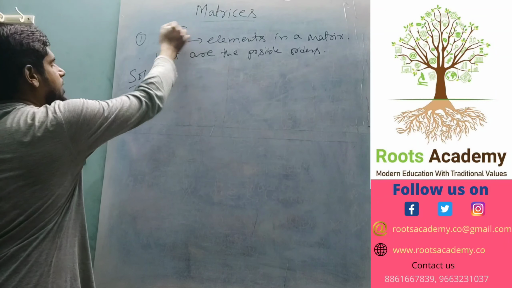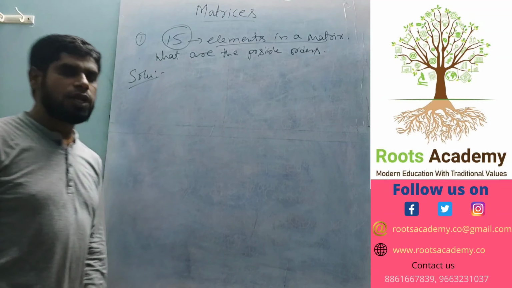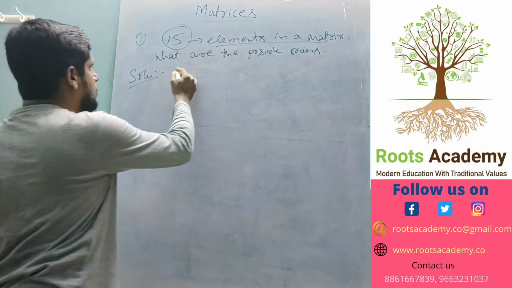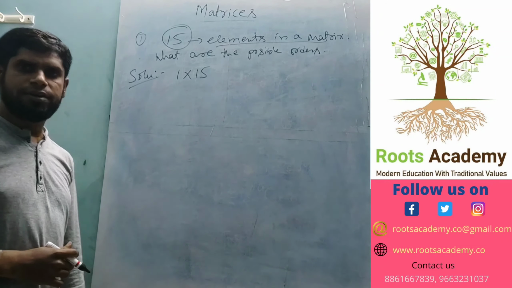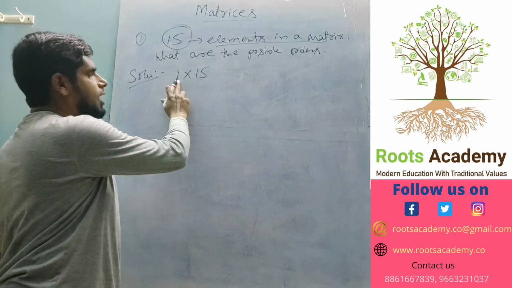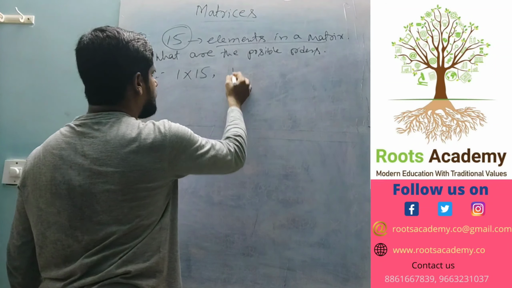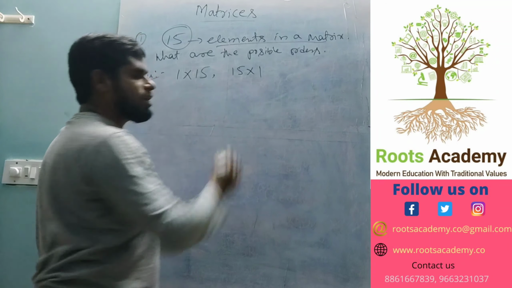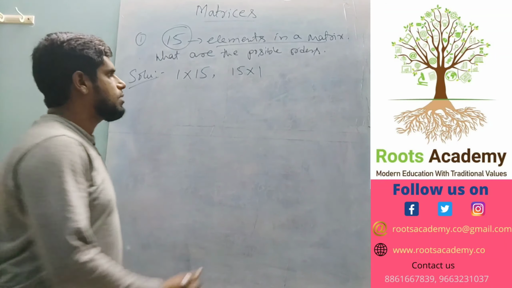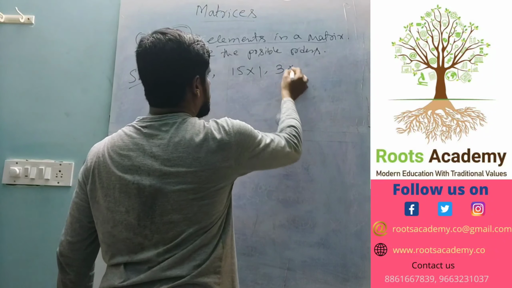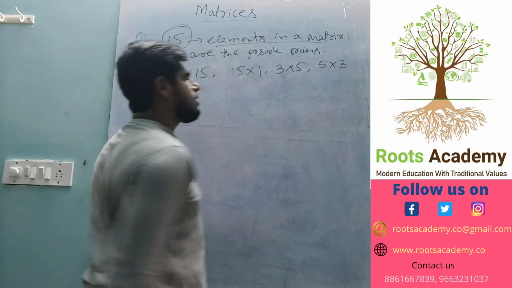But here he has given already how many elements are there in our matrix. So the orders are 1 cross 15, means it has 1 row and 15 columns, or the another possibilities are 15 cross 1, 15 rows, 1 column, or 3 cross 5, or 5 cross 3.